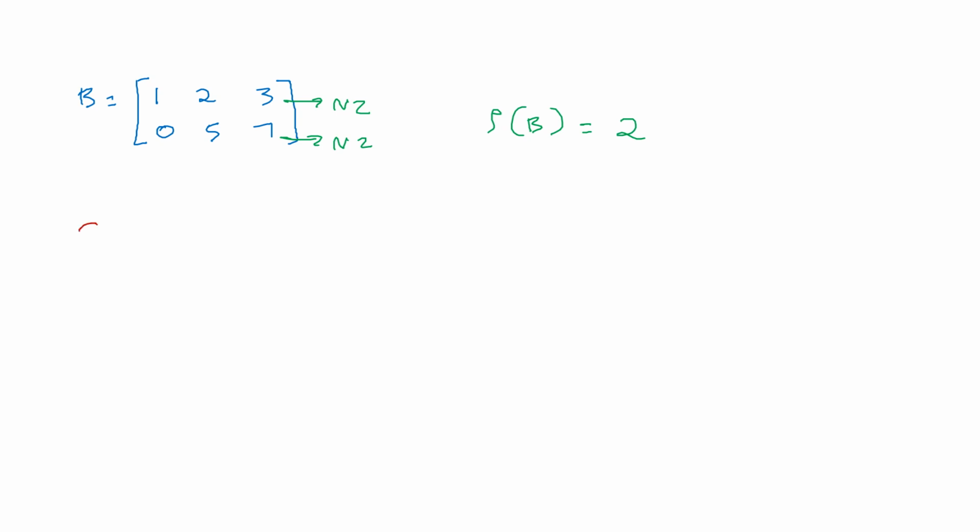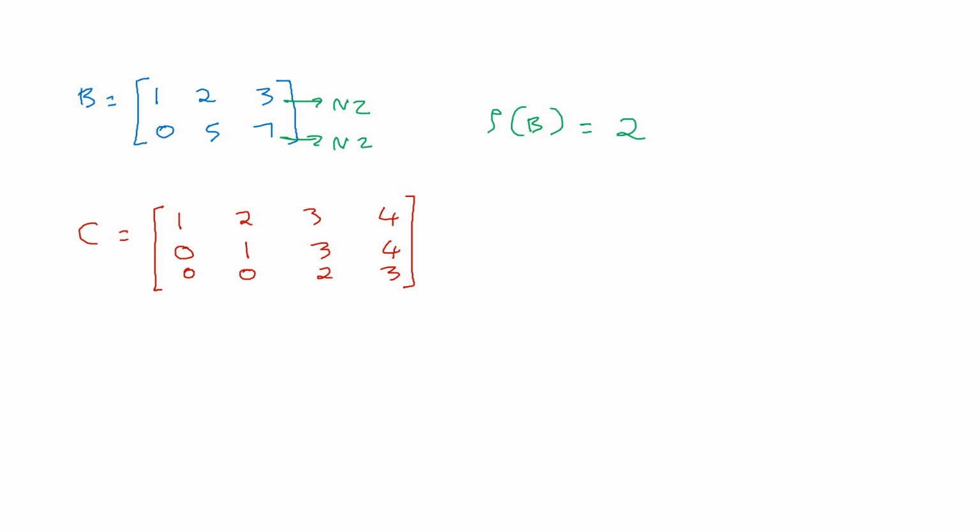Now one more example let me take. This is matrix C. So matrix C here is 1, 2, 3, 4; here 0, 1, 3, 4; next one 0, 0, 2, 3. Now you tell me what is the rank here?